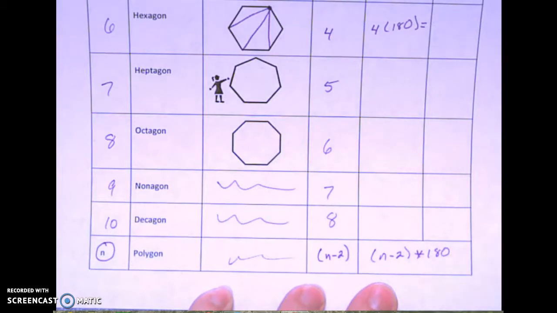So the formula to find the sum of the interior angles for any polygon is the number of sides minus 2, times 180. Basically the number of triangles I can form times 180.